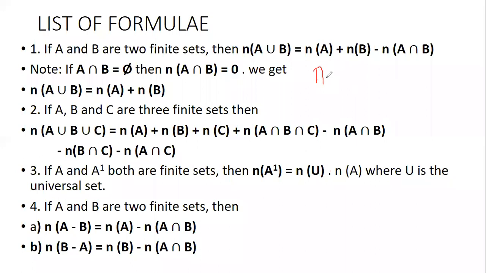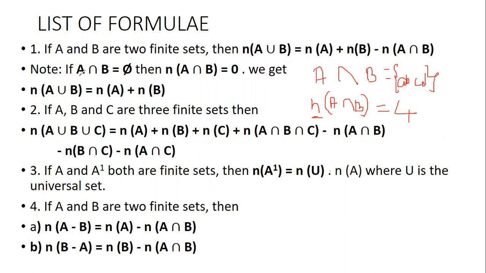When I talk about A intersection B, I'm talking about the elements, for example A, B, C, D. But when I write it as n, that is the number of elements in A intersection B, then it becomes the number of elements, that is A, B, C, D are 4 elements.